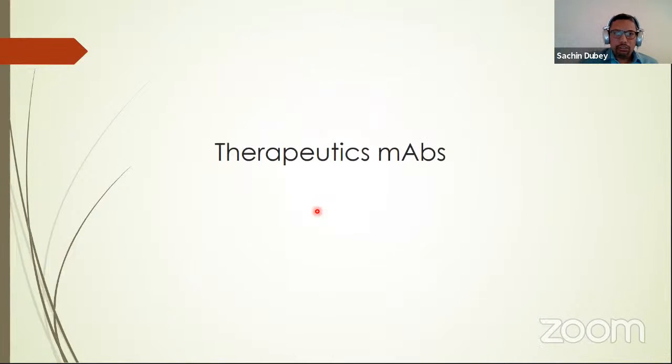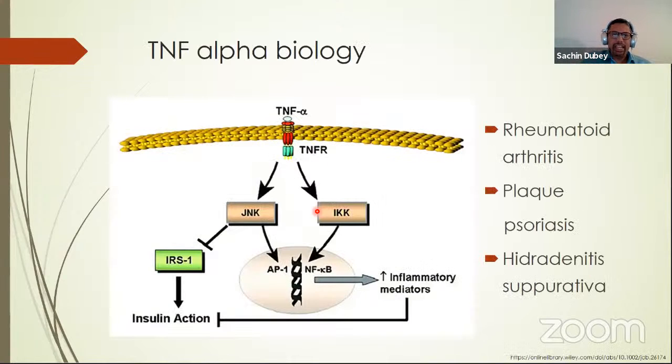Now, coming on to therapeutic monoclonal antibodies, getting into just one slide. I'm not a biologist or pharmacologist, but just keeping it very simple. This is a cell membrane, and I'm looking into TNF antibody, monoclonal antibody against TNF.